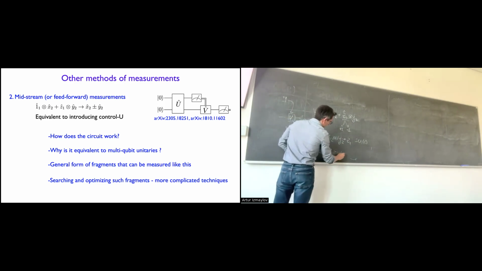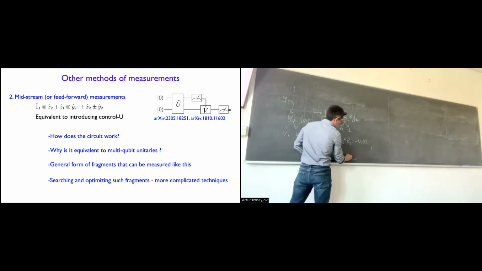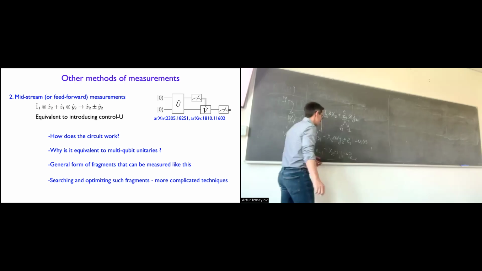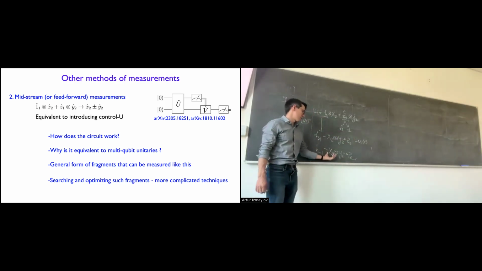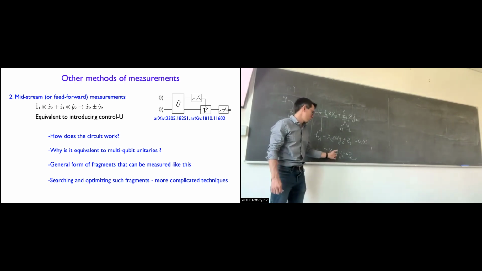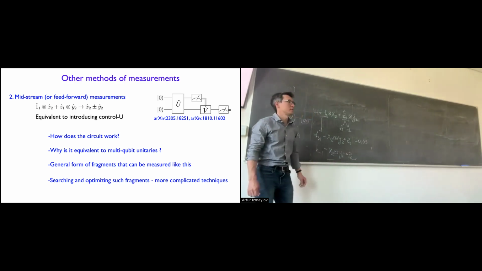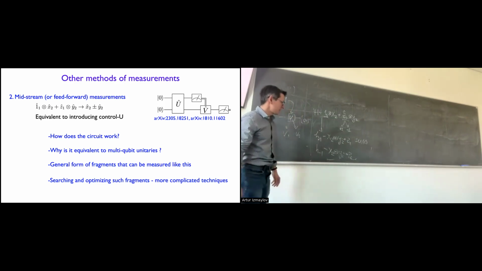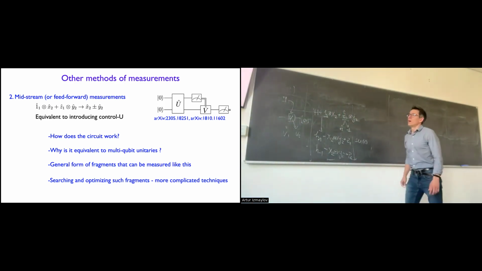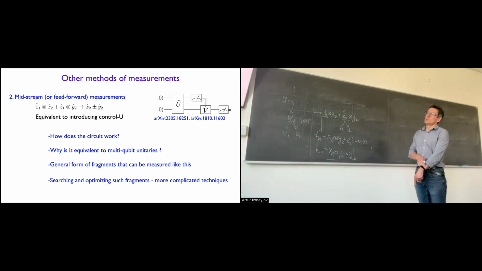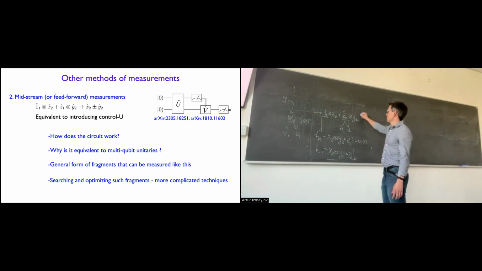The rotation will still be from SU(2), but the angles will be different because they need to bring X2 minus Y2 to Z. So that's the basic idea. And one can do many cases like this.